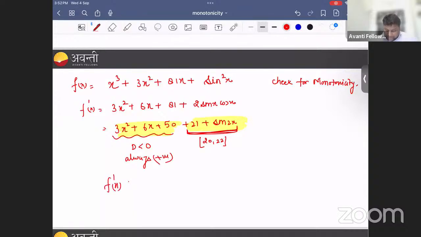Means f dash x is more than 0 for every x belongs to R. And if f dash x is more than 0 for every x belongs to R, this means this function f(x) is an increasing function.